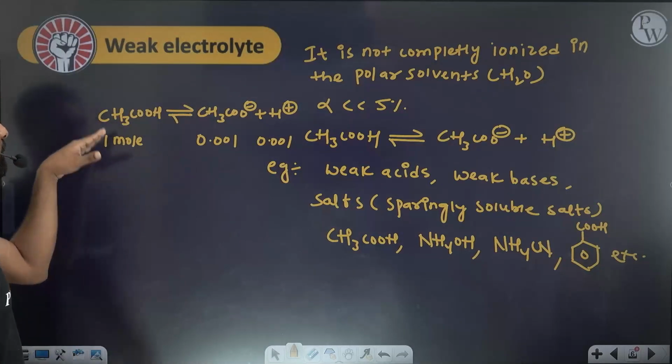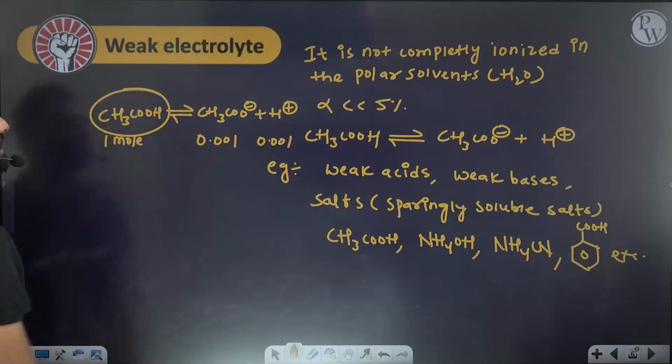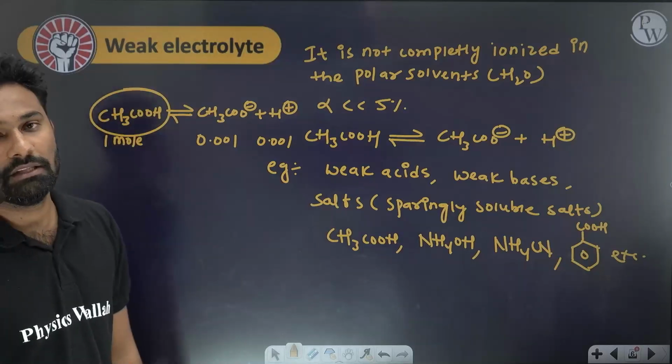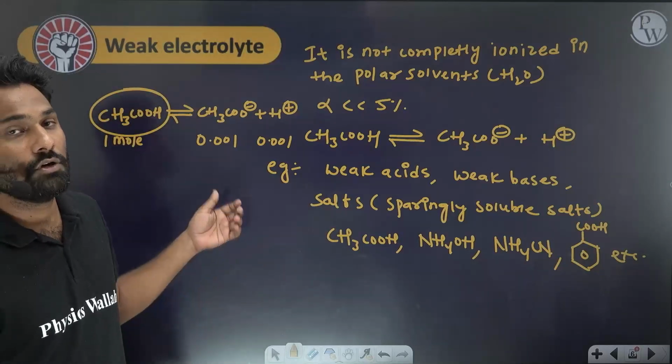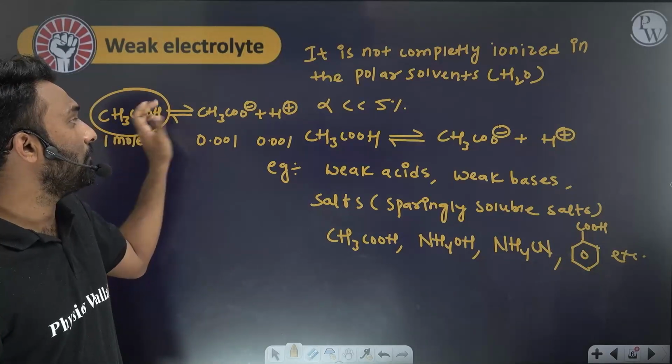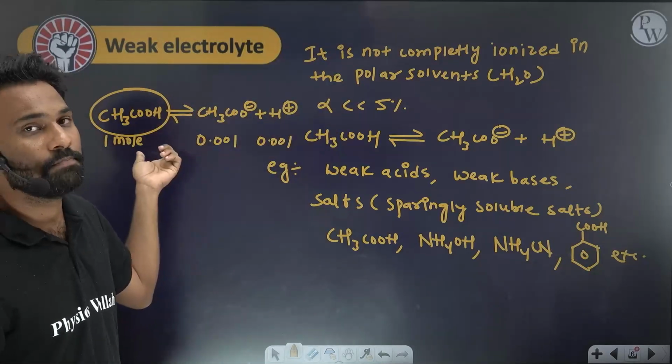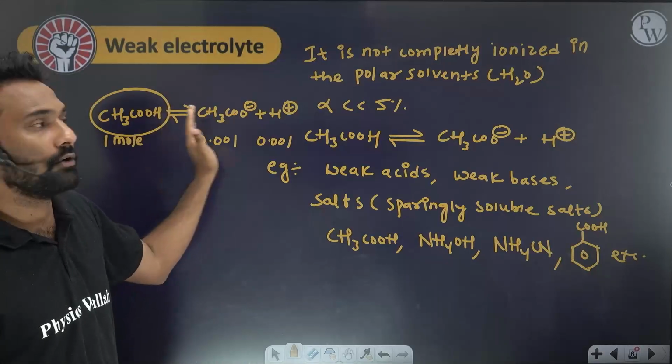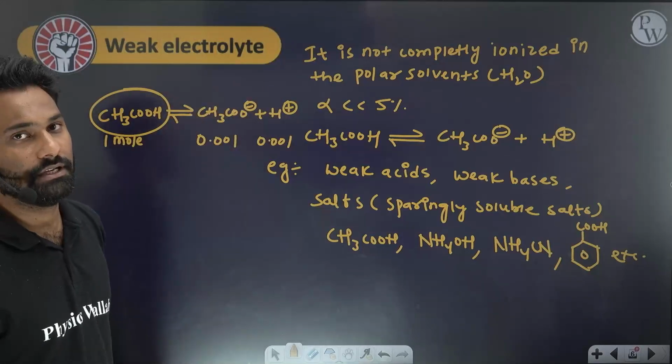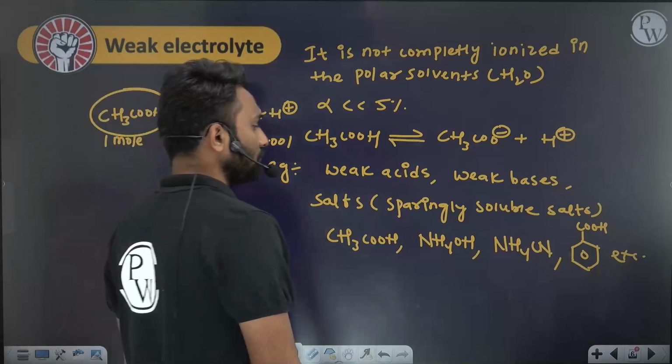The remaining will be in the reactant form. That type of dissociation we call a weak electrolyte. It will not be completely dissociated.